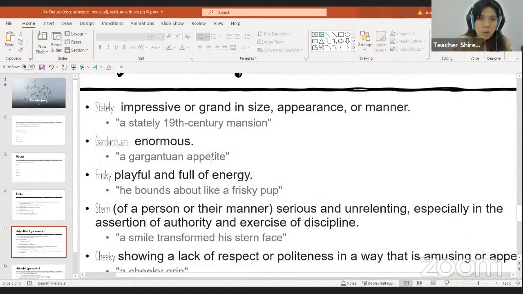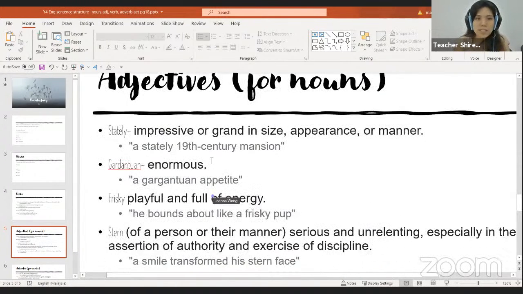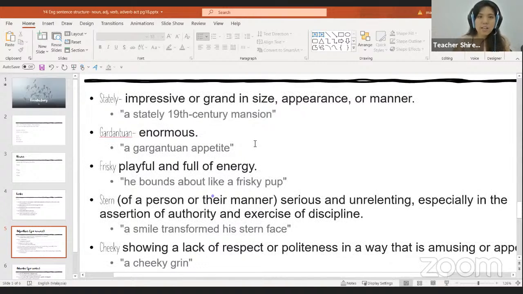We focus on all the adjectives. Adjectives is for nouns. First word, stately. Stately is like very in a statement, a grand statement. The stately 19th century mansion. It's like a symbol, a state symbol. A stately tree can be.